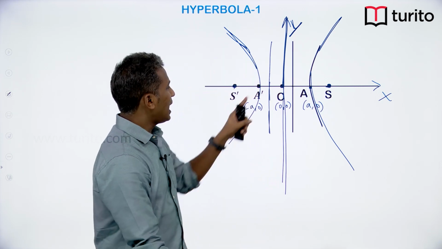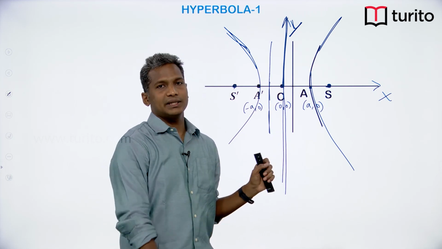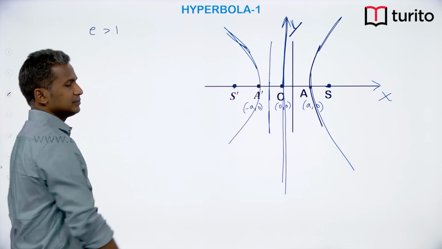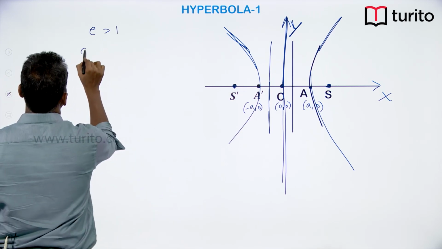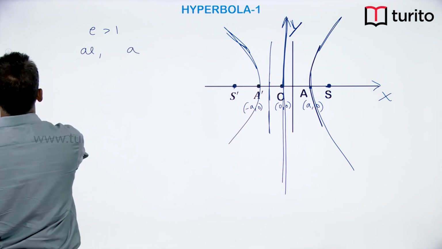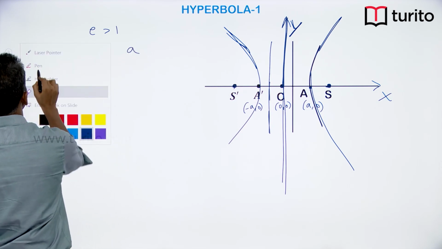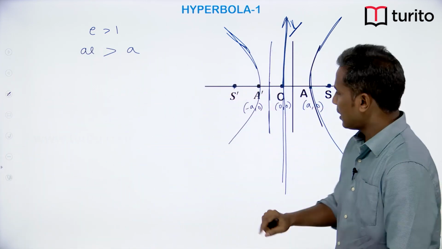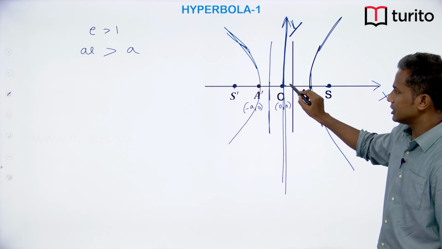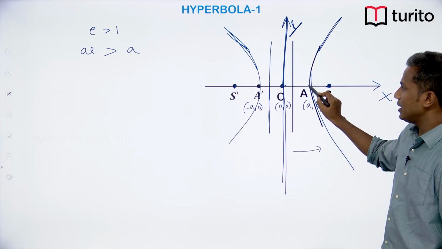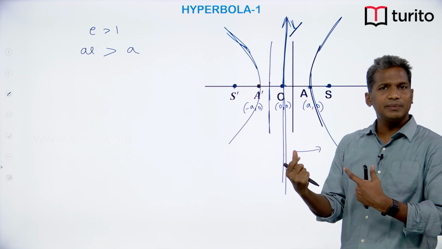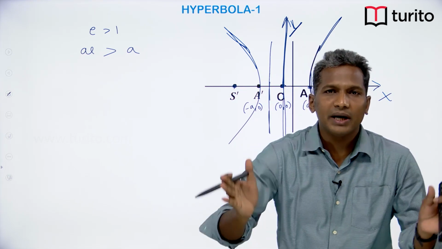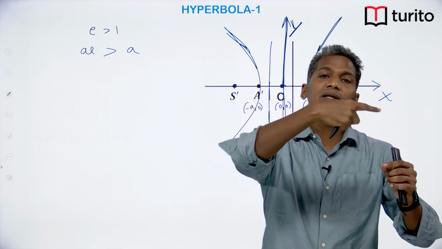Okay. And then we set up S and S dash. How do we set up? We already know that e is greater than 1. So, out of these two, ae and a, which is bigger? ae is bigger than a because e is already greater than 1. And here if you notice, from the origin if you move in this direction, A comes before S. So, S must be in the closed region of the curvature. If the curvature is bending like this, then the focus must be within that curvature.